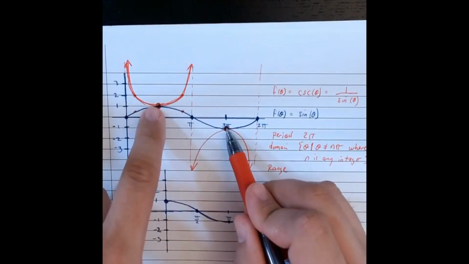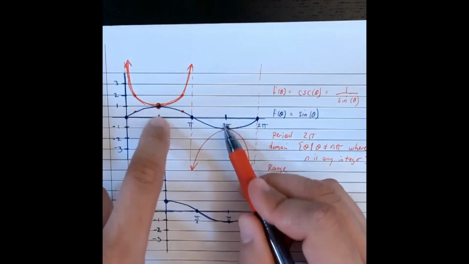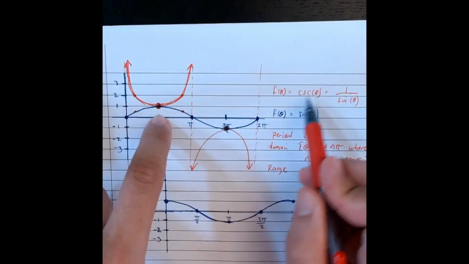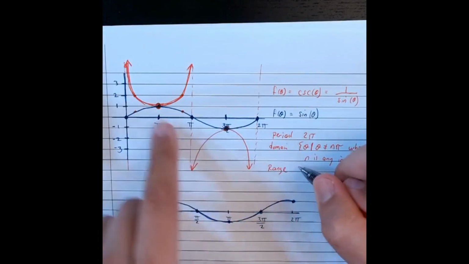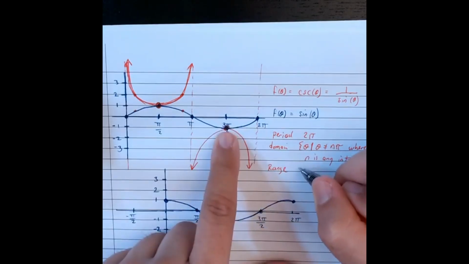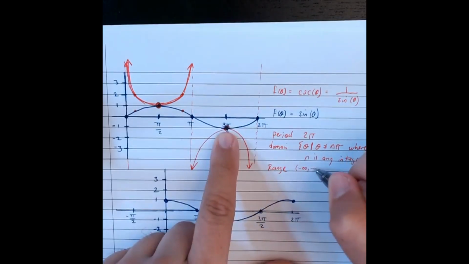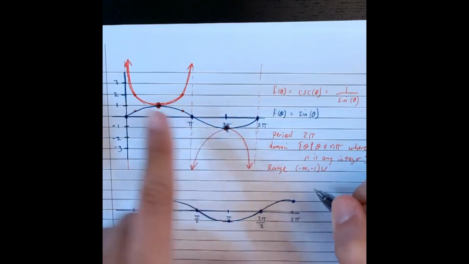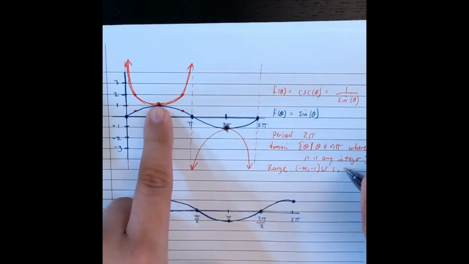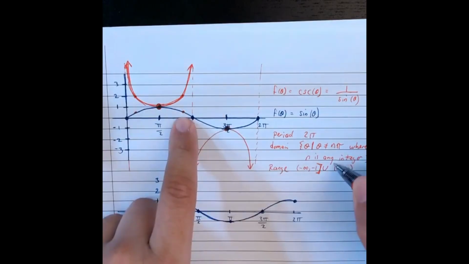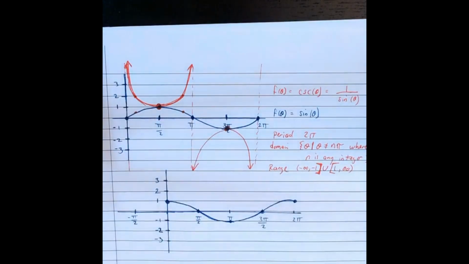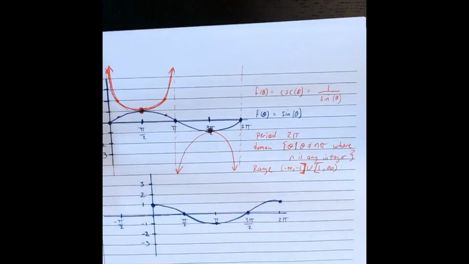But between -1 and 1, I don't have anything for cosecant. So my range is going to be everything from negative infinity up to -1, union with everything from 1 to infinity. Here we're going to include -1 and +1 because those are points on our function. Just like that. So that's the range of our cosecant function.